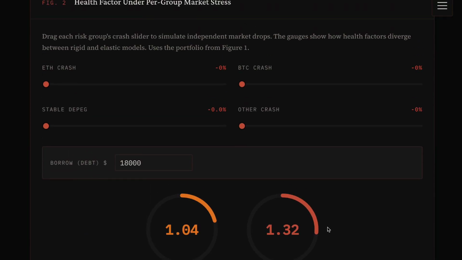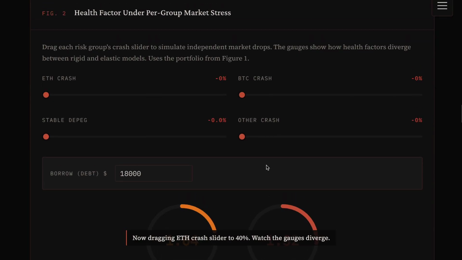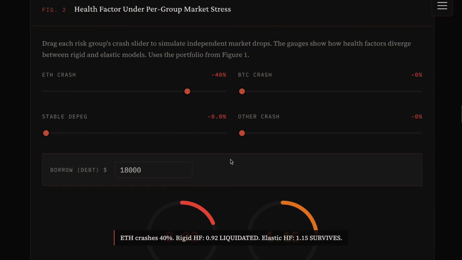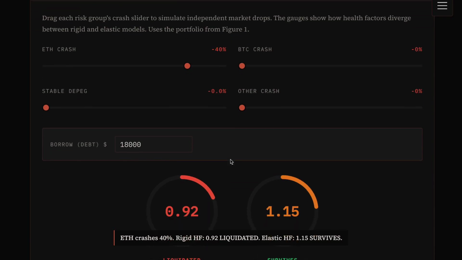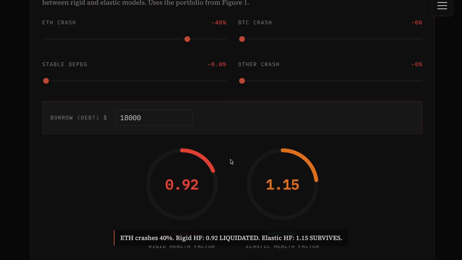Okay, now let's simulate crashes. Let's say the Ethereum token crashes up to 40%. As the crash occurs, in the case of the rigid borrowing power, you can see we have 0.92, that is, the portfolio is already liquidated.